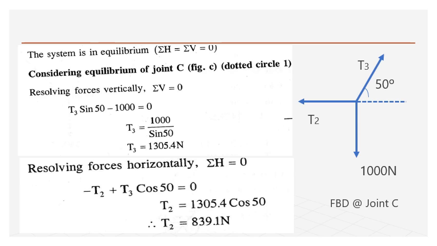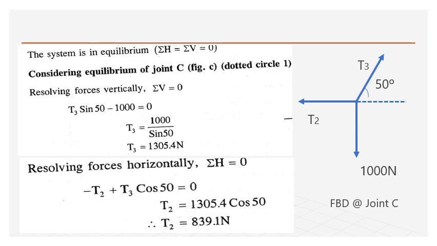We have applied the conditions of equilibrium: sigma H is equal to 0, sigma V is equal to 0. Sign convention: upward forces are positive, rightward forces are positive, downward forces are negative, leftward forces are negative. Since the 1000 Newton force is the known force, we take sigma V is equal to 0.